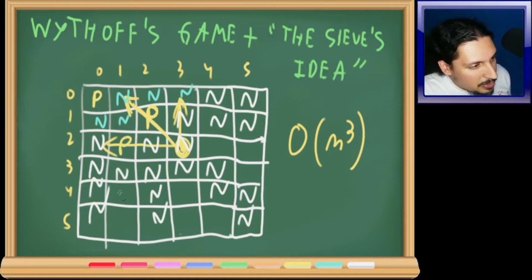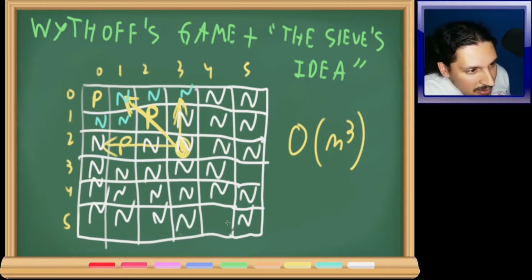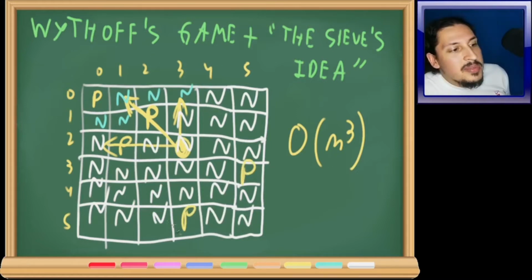In fact, this algorithm is quite practical by hand for these sizes. I've almost finished. Oh, it seems that this one works. This is not symmetric, so this one is here. And these seem to be also P positions. Okay, nice. So I've solved it for the full matrix, it seems.